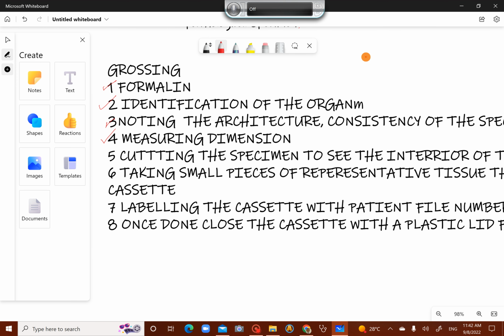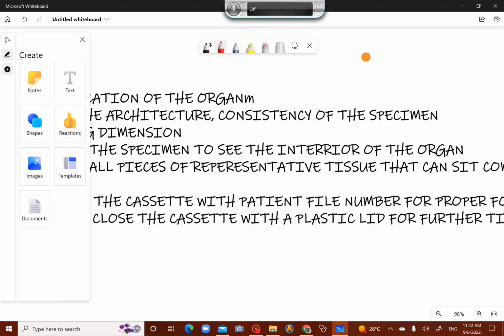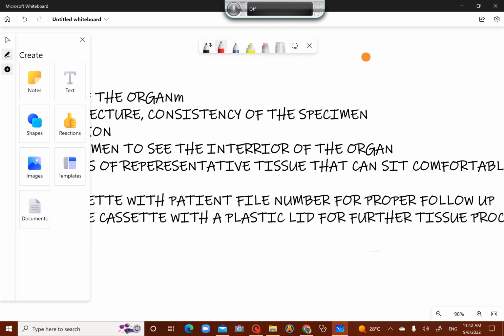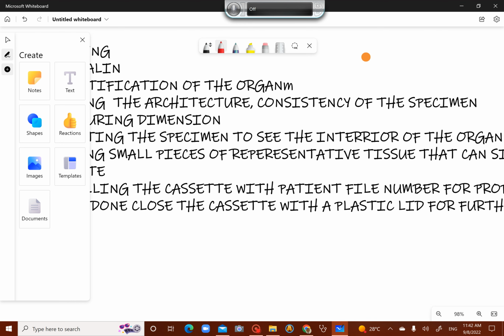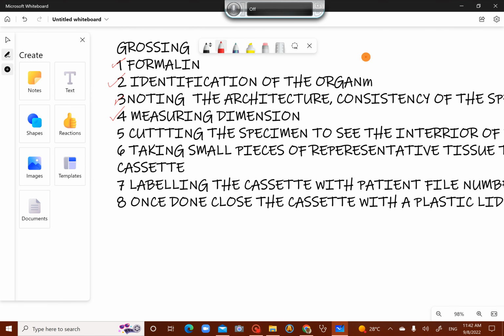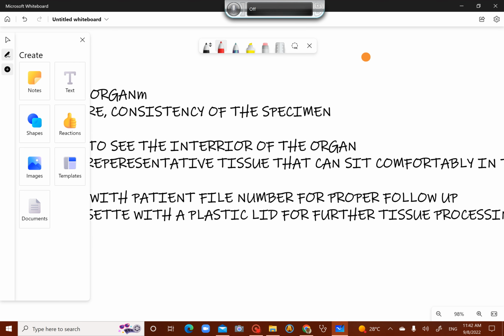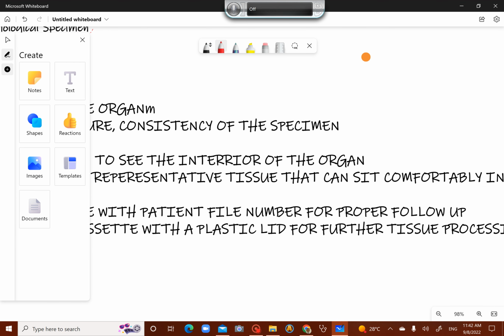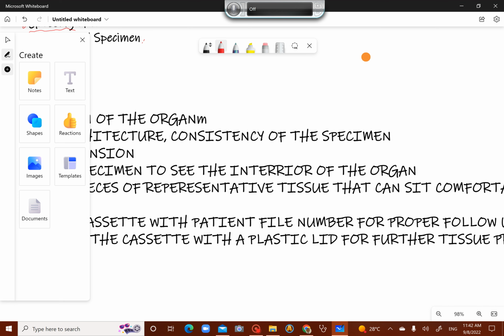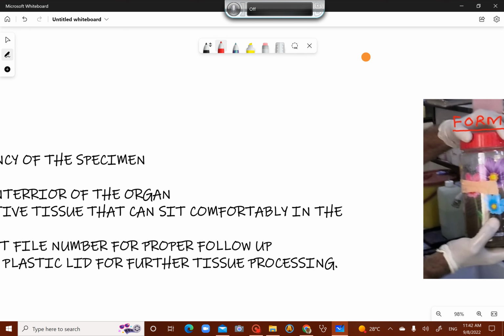Number seven, labeling the cassette with patient's file number for proper follow-up and reporting. And once done, close the cassette with a plastic lid for further tissue processing. Now we'll go one by one, and step number one is formalin.